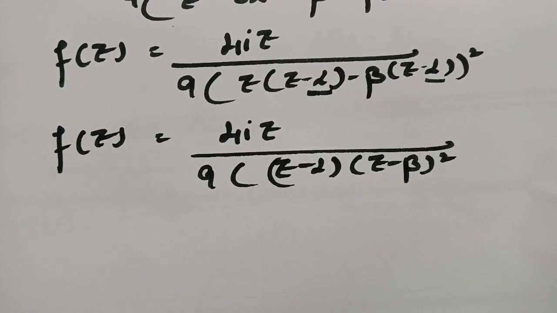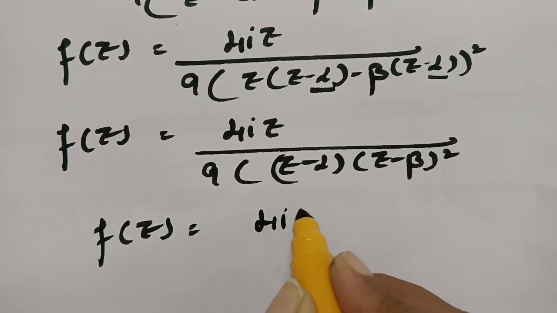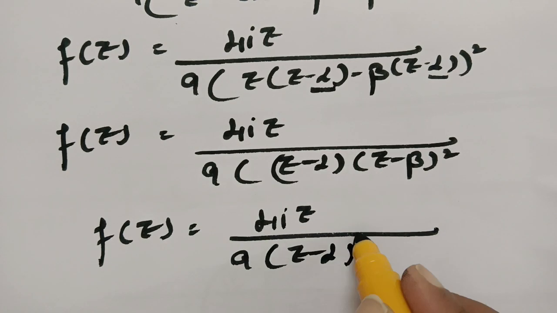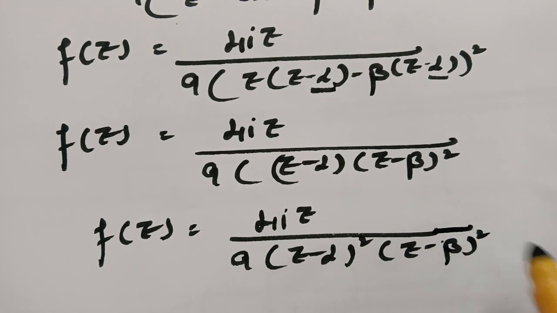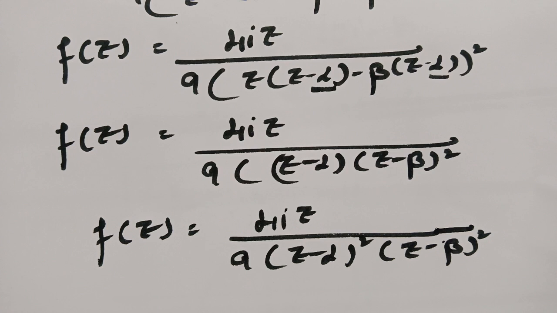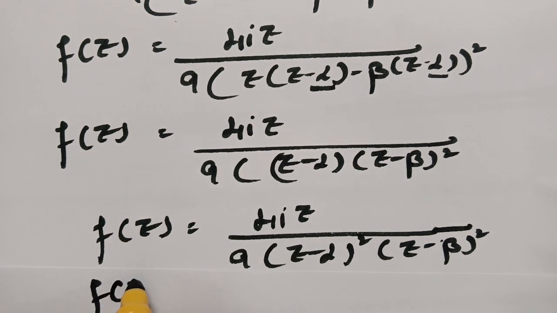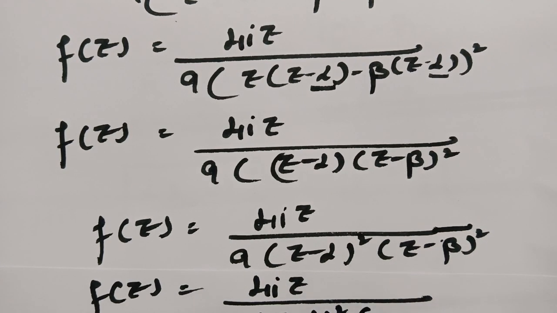Therefore f of z is clearly 4iz by 9 times z minus alpha whole square and z minus beta whole square.